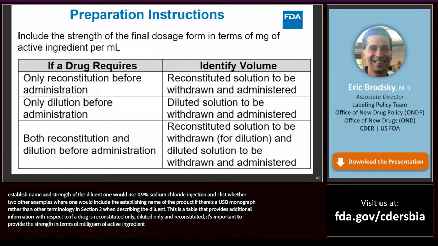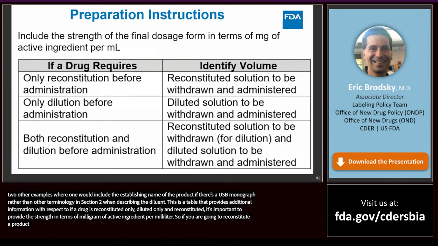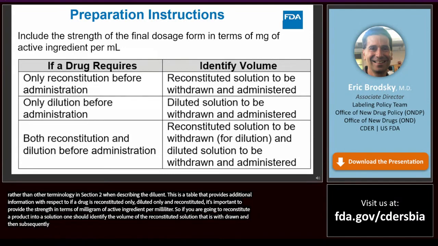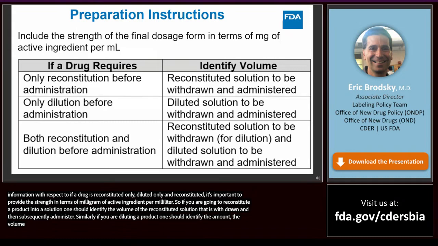So if you're only going to reconstitute a product, for example, if it comes in a lyophilized powder and you reconstitute it into a solution, one should identify the volume of the reconstituted solution that is withdrawn and then subsequently administered. Similarly, if you're only diluting a product, one should identify the volume specifically of the diluted solution to be withdrawn and administered.